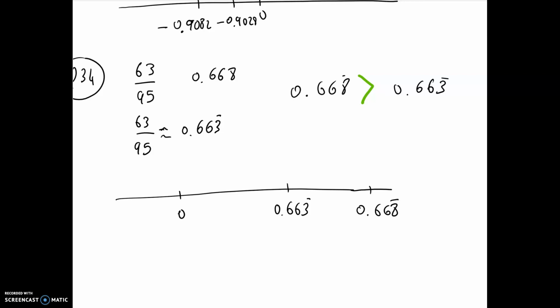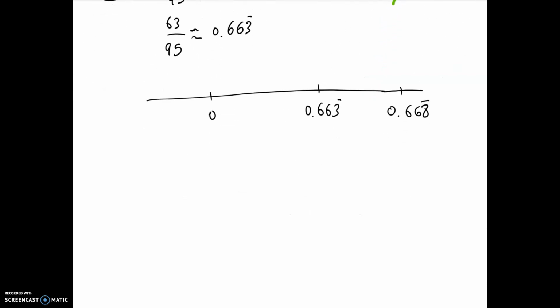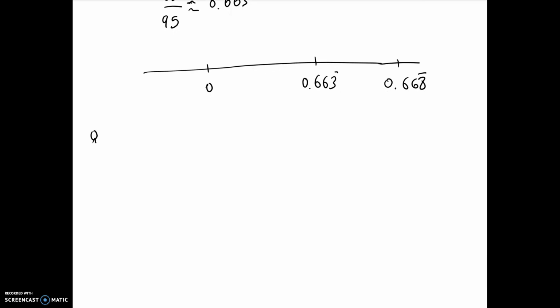Now, problem number 38. On this question number 38, find the value of the following expression. So we have 2/5 minus 3 times 7.1. What you are going to do is multiply 3 times 7.1. And that is 2/5 minus 21.3.